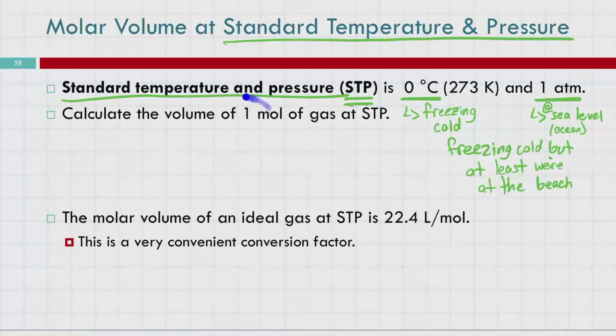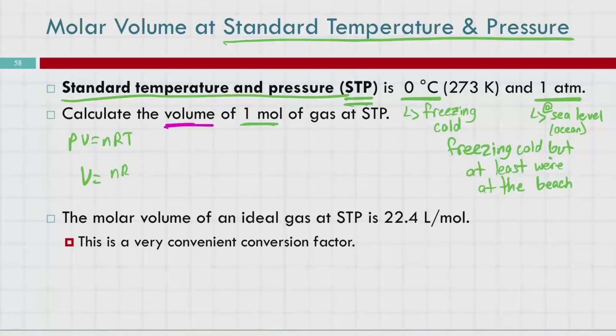All right, the molar volume, the volume of 1 mole of gas at STP, we can calculate that. We are finding volume with inputs of 1 mole, and we're also at STP. Our ideal gas law, PV equals nRT. This isn't something you have to be able to do, but you can do it to come up with this number.